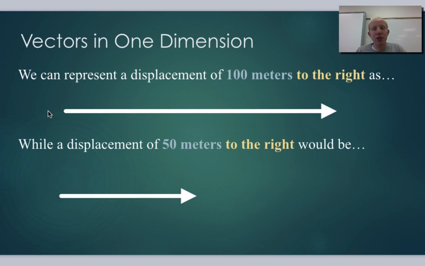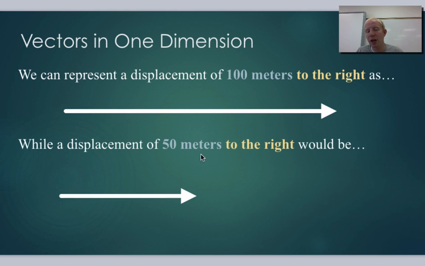So when we draw vectors, we need to keep some sort of sense of scale, because in this problem, I don't have 100 meters to draw an arrow, right? I don't have a full track length on my paper to draw an arrow. Okay, so I'm just going to draw this length to represent the arrow, and that's totally fine, as long as I keep some sense of scale. So if this is 100 meters, then 50 meters to the right should be half that length, okay?